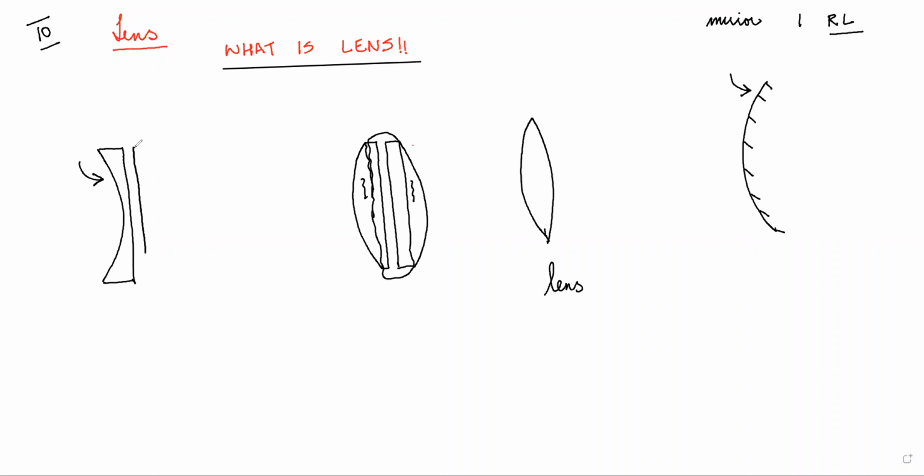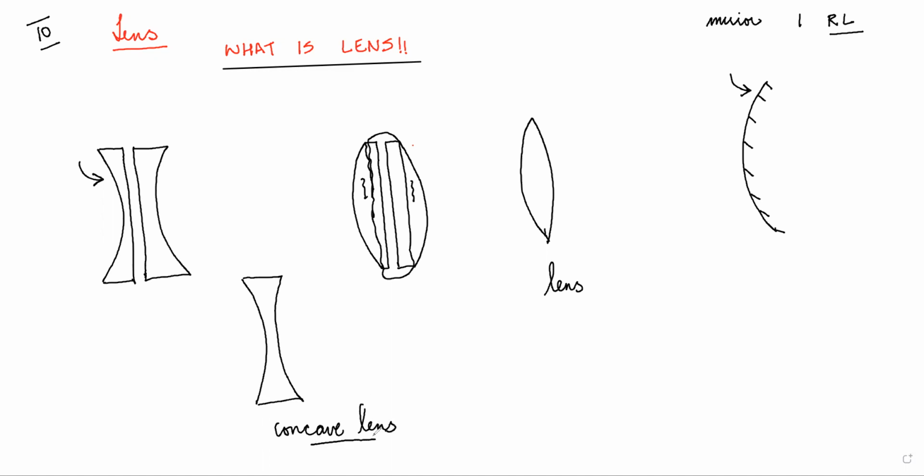Now we take one more concave mirror, and we get rid of this area, and then we join the two mirrors. Two concave mirrors have been joined to get a concave lens.